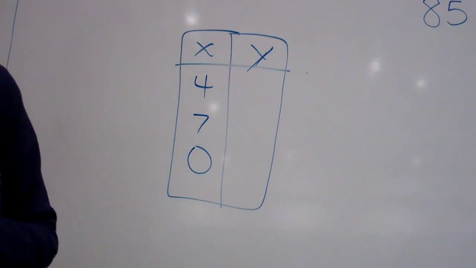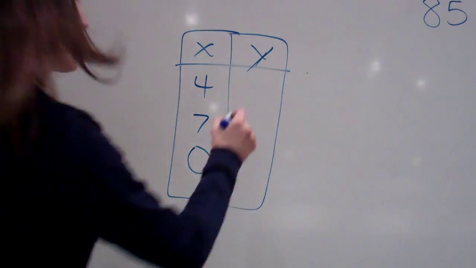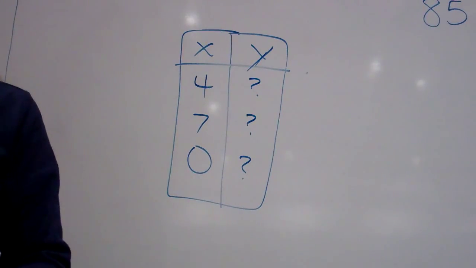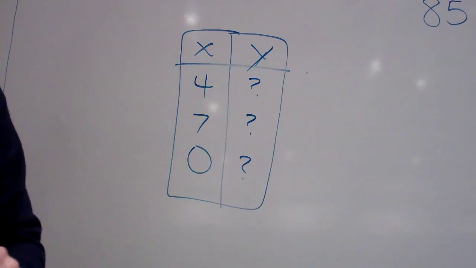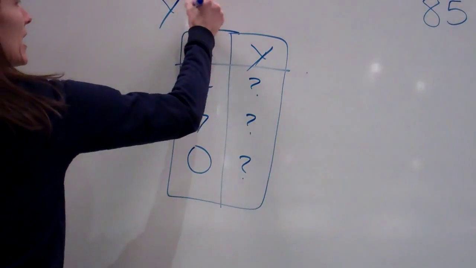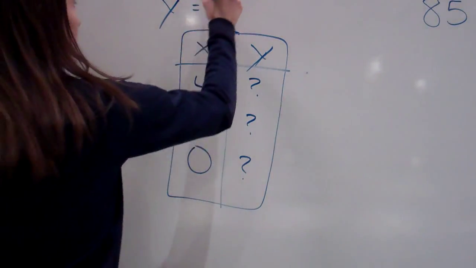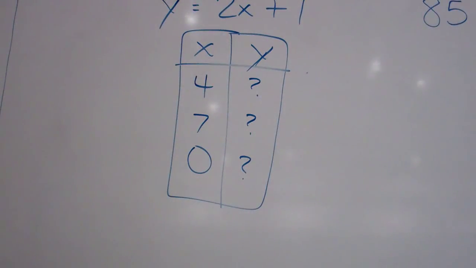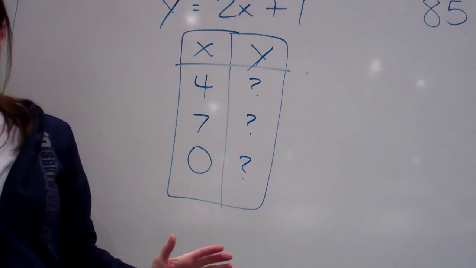And they don't give us any numbers. Blank, blank, blank. And here's the formula they give me. y equals 2x plus 1. That is the formula. So this time they're giving you the formula and you're going to have to discover everything.